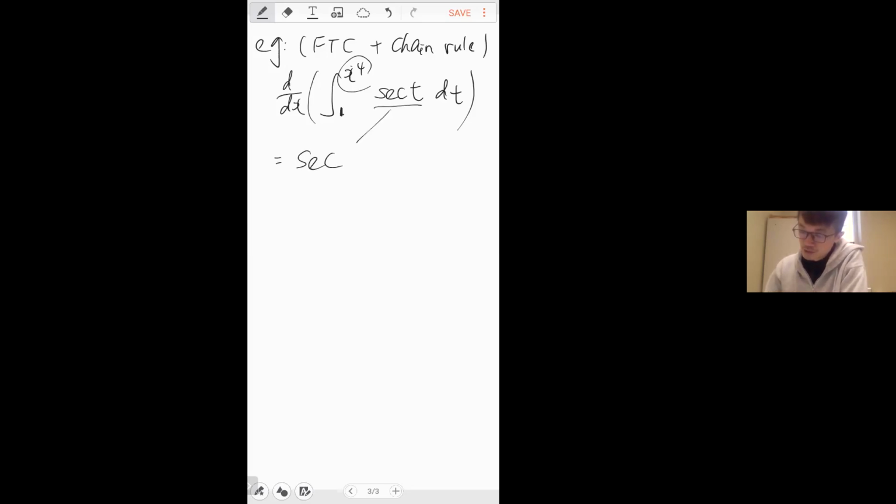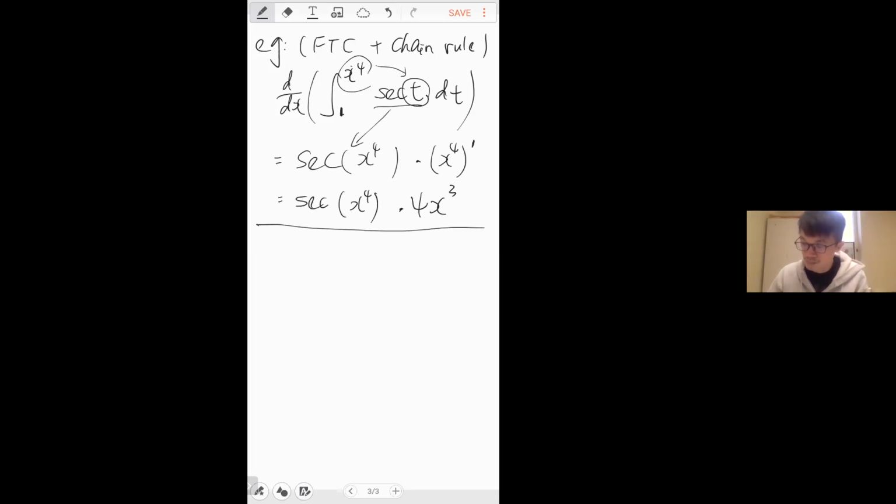You want to put the secant here, and you need to replace the t by x to the 4. And then by chain rule, I need to multiply by the derivative of x to the 4. And so that gives me 4x cubed. Is it okay? Questions? Okay.